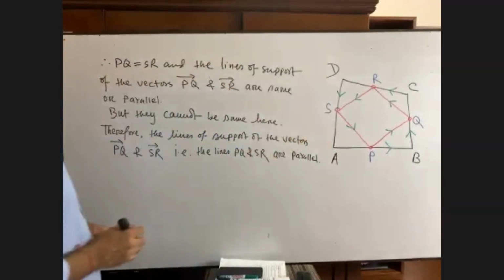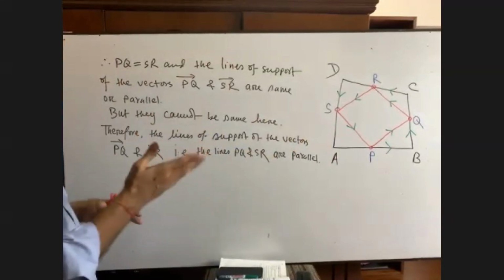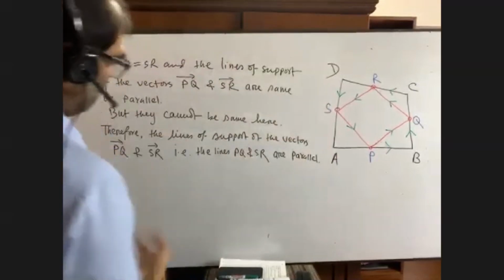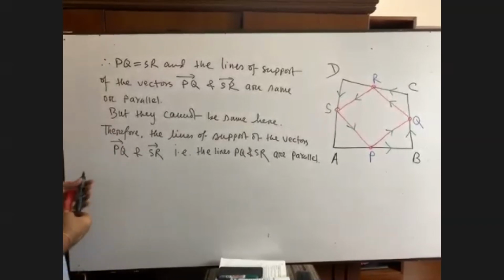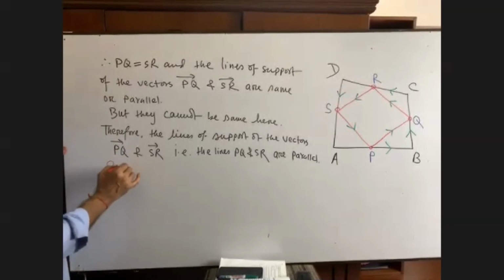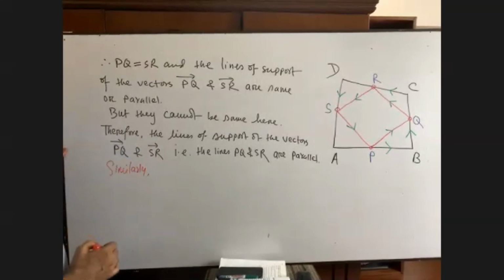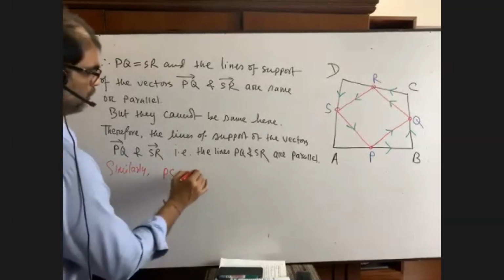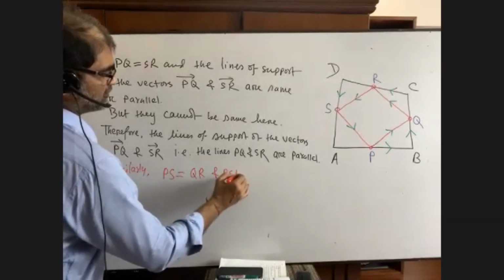So actually what we have come to know is that PQ and SR, you see P to Q and S to R, have the same direction, okay? So PQ and SR are parallel and they are equal. So we can write, similarly, it can be proved that PS equals to QR, and PS is parallel to QR.